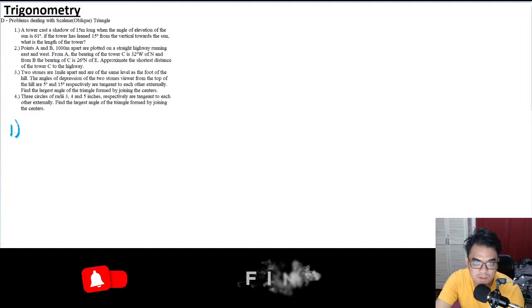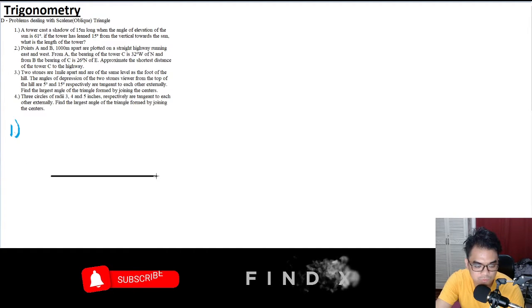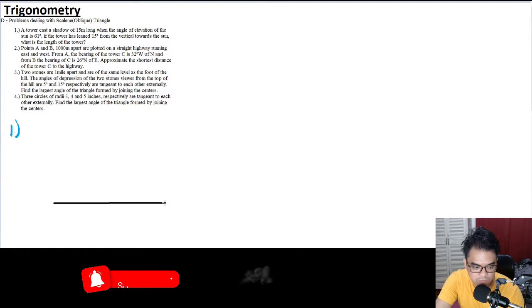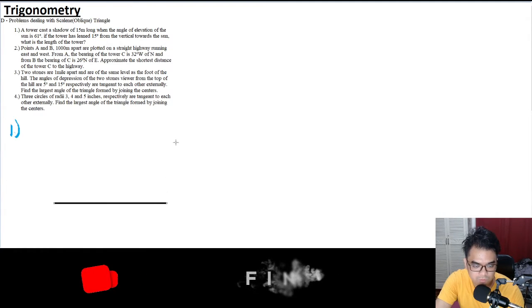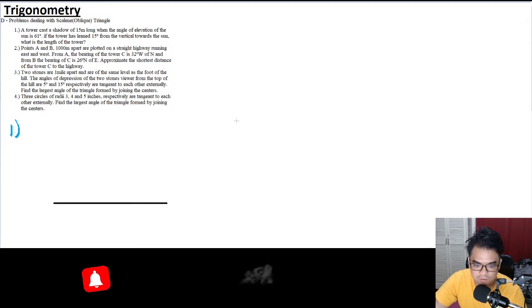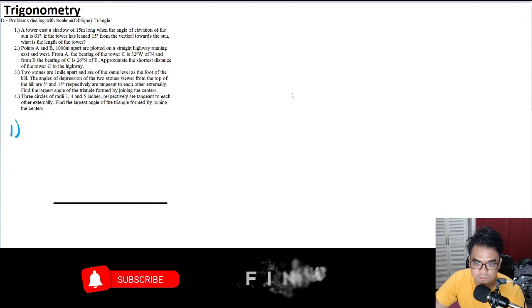Let's say that this is the shadow. I'll try to make the figure bigger. If that's the shadow, then the sun must be somewhere here.